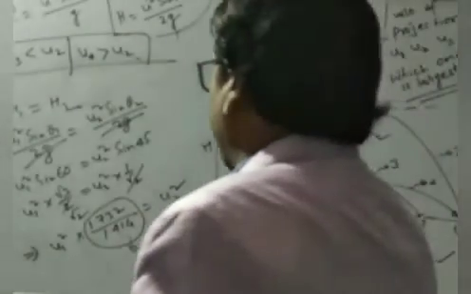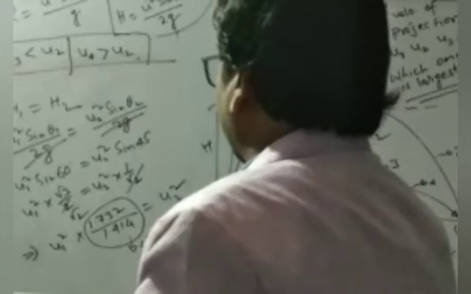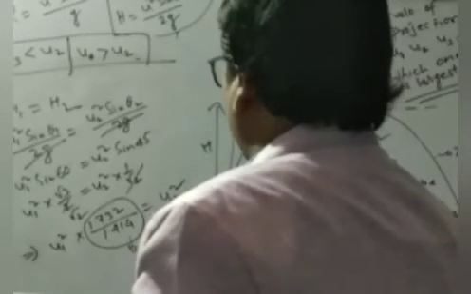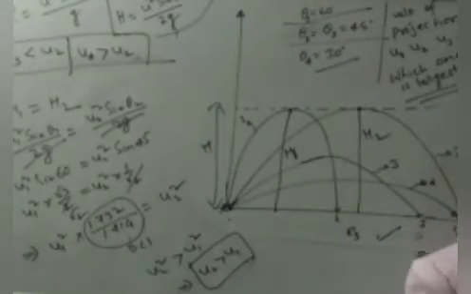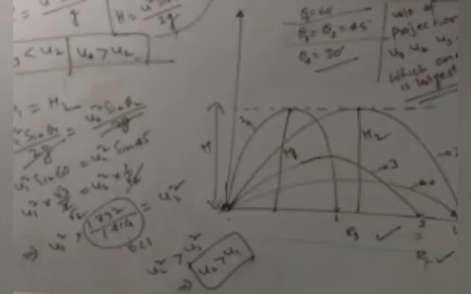That means u2 square is greater than u1 square. That means u2 is greater than u1. Okay dear, u2 is greater than u1. So you are getting this result from these calculations.